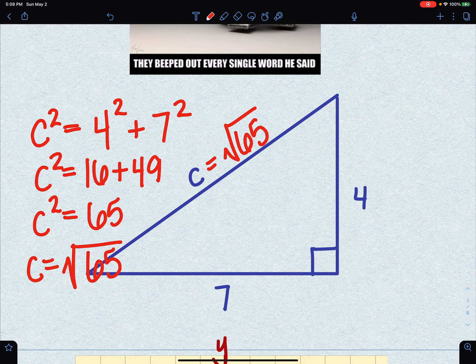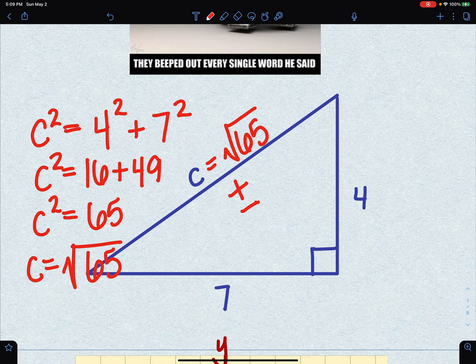Also don't forget that we've been only looking at the positive square roots, but technically it's a plus and negative sign. But if you're talking about a length, since C represents a length, we only solve for the positive square root. But just remember that when you write the square root sign, not when they give it to you, but when you write it, you have to consider the positive and negative square root, okay?